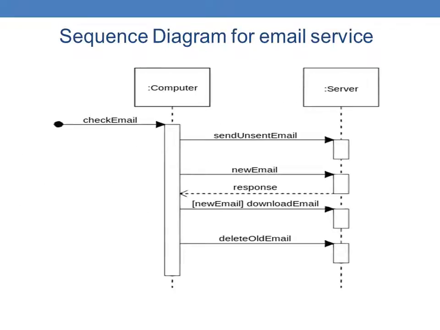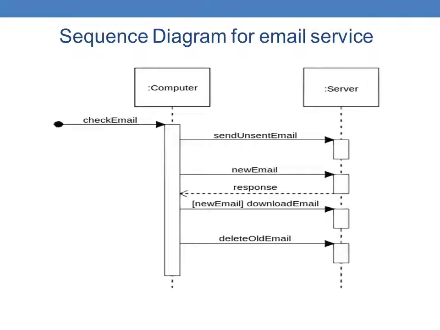So this is an example of a sequence diagram for an email service. If you send email through a computer without a server, without being online, we cannot send the email. So first, in the computer itself, we check the email. Then we send the unsent email through the server.